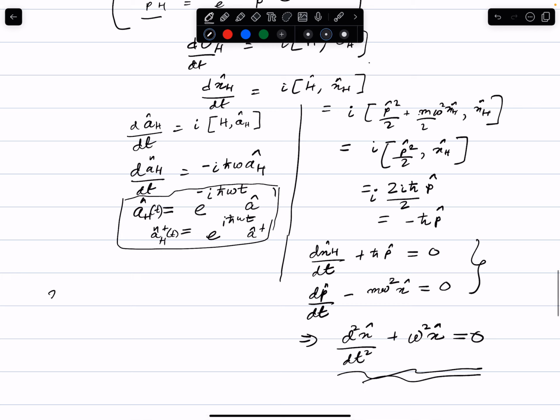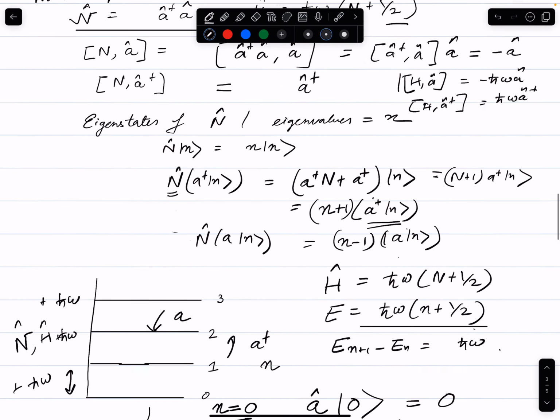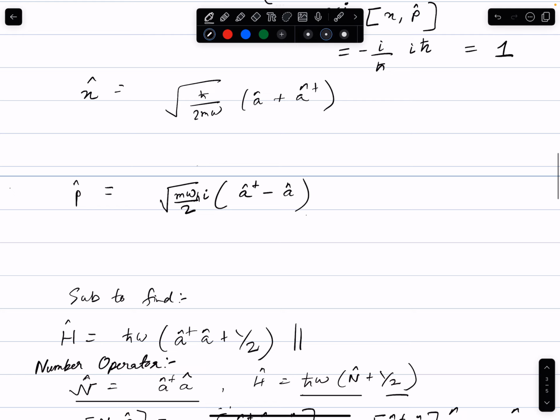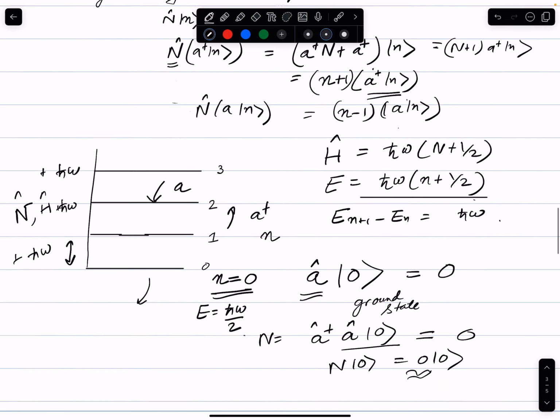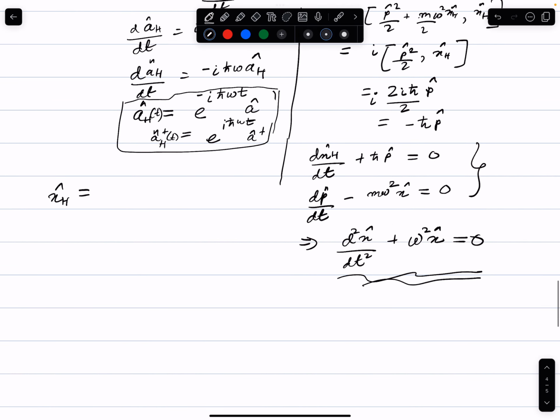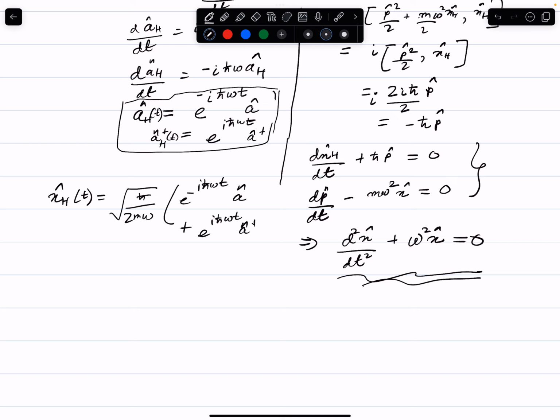And so x h, for example, which we had written down as a combination of like this, becomes, in the Heisenberg picture at time t, h by 2 omega multiplied by e to the power minus i h omega t a plus e to the power i h omega t a dagger. Okay.